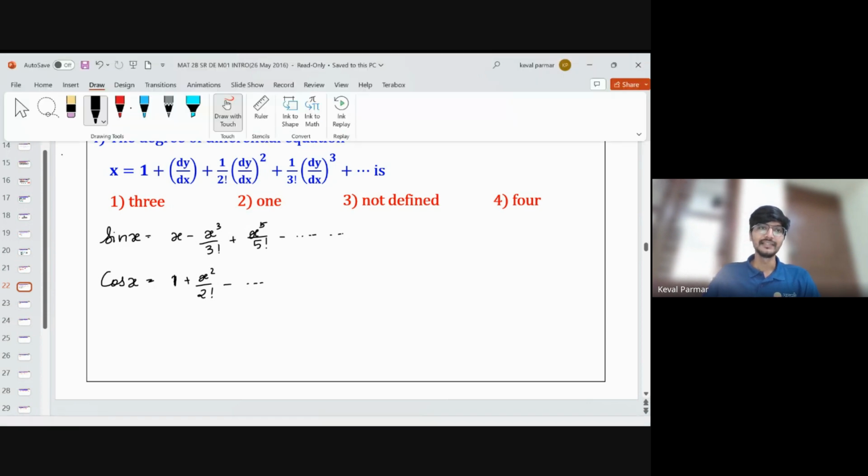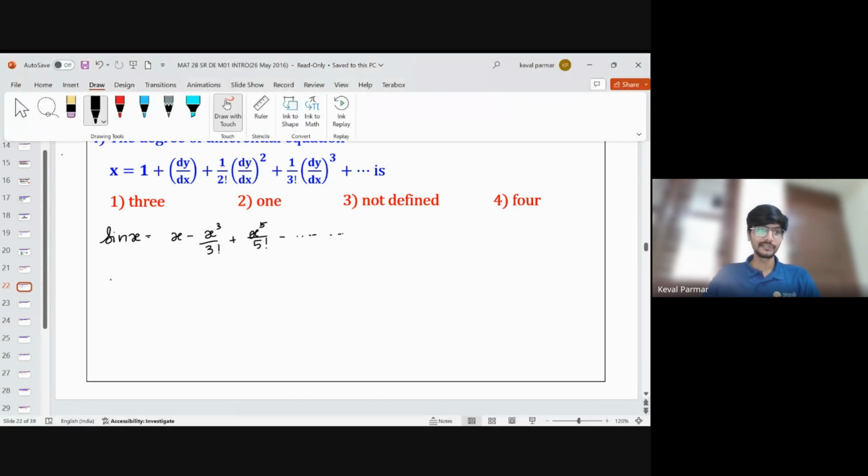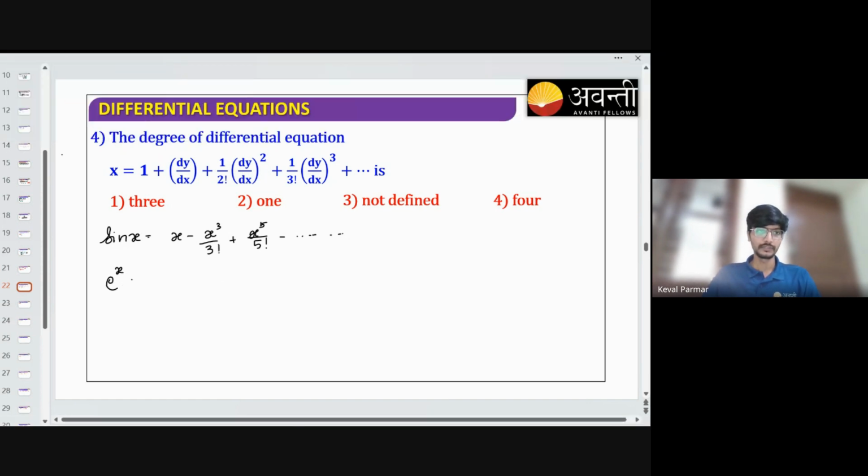Similarly, let me rub this so that we have space. e raised to x, do you remember? e raised to x was 1 plus x, the simplest, plus x square upon 2 factorial plus x cube upon 3 factorial and so on.